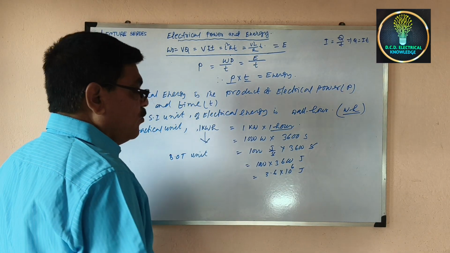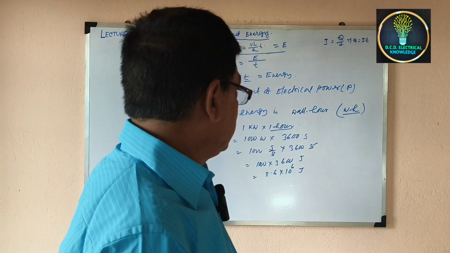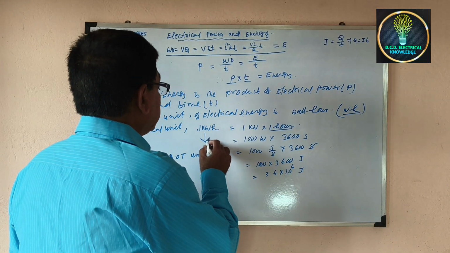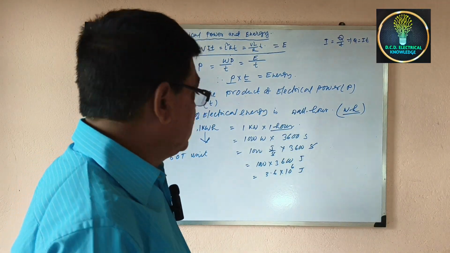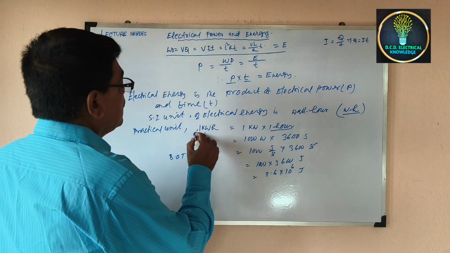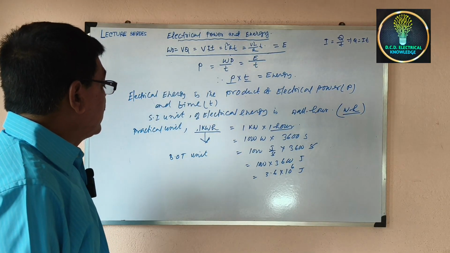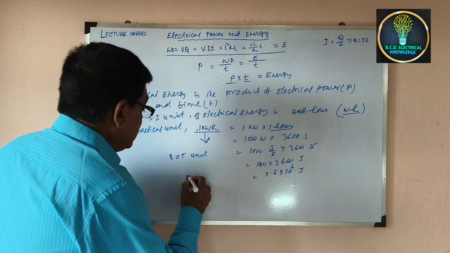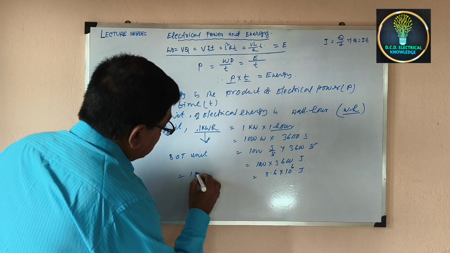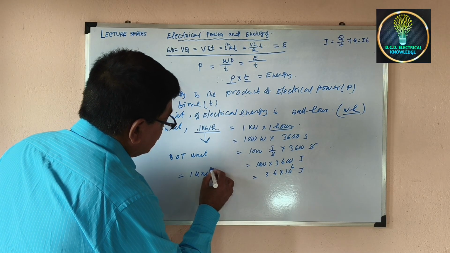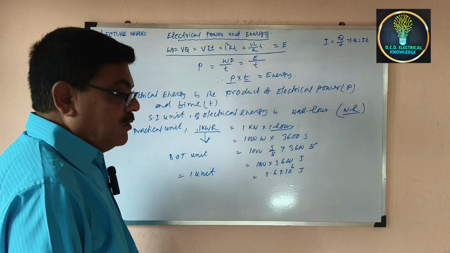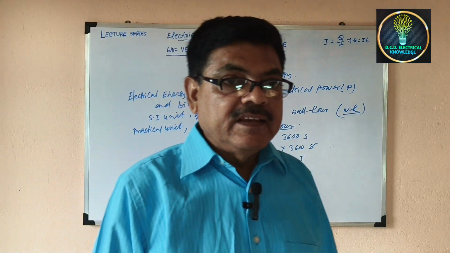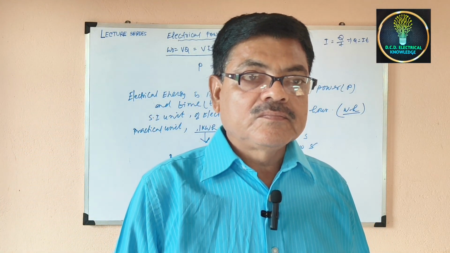The electricity distribution companies use 1 BOT or 1 kWh is equal to 1 unit. Hope it is clear to all.